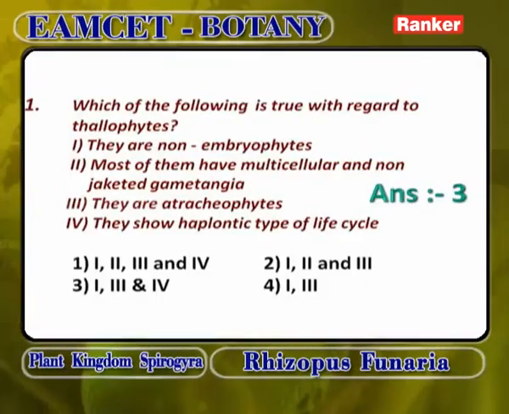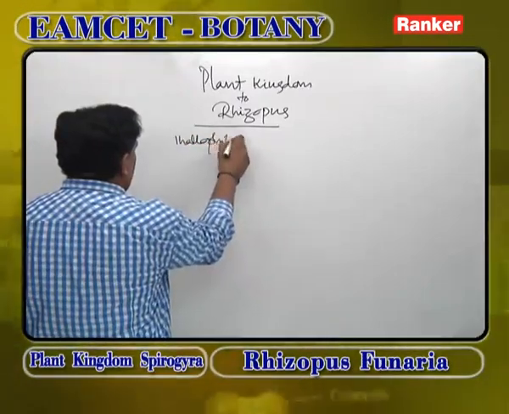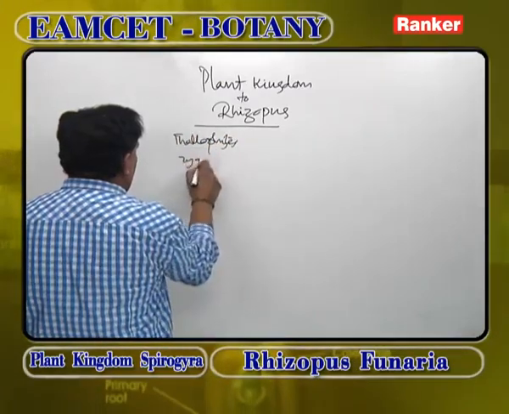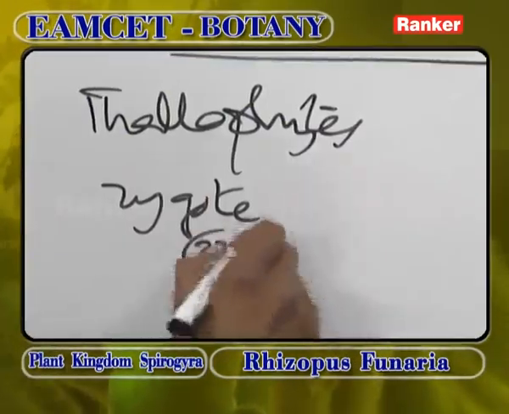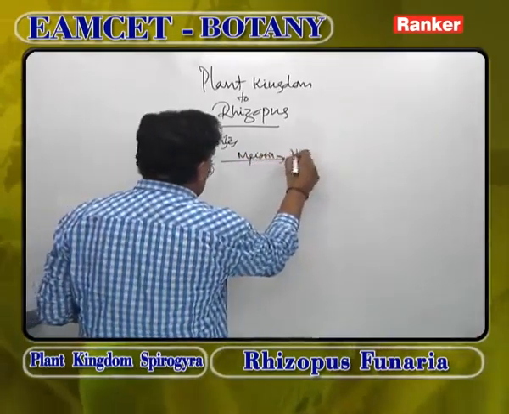Which of the following is true with regard to thallophytes? This is a question regarding thallophytes. Which is true means they are non-embryophytes? Definitely they are non-embryophytes, because in thallophytes the diploid zygote, instead of mitosis, undergoes meiosis and produces haploid structures.